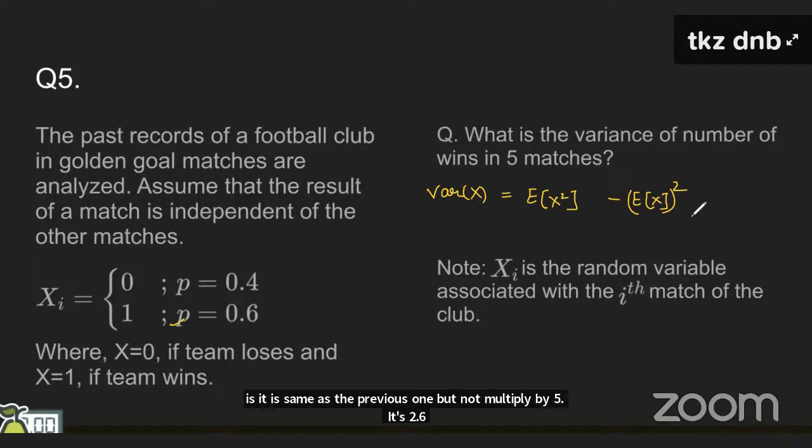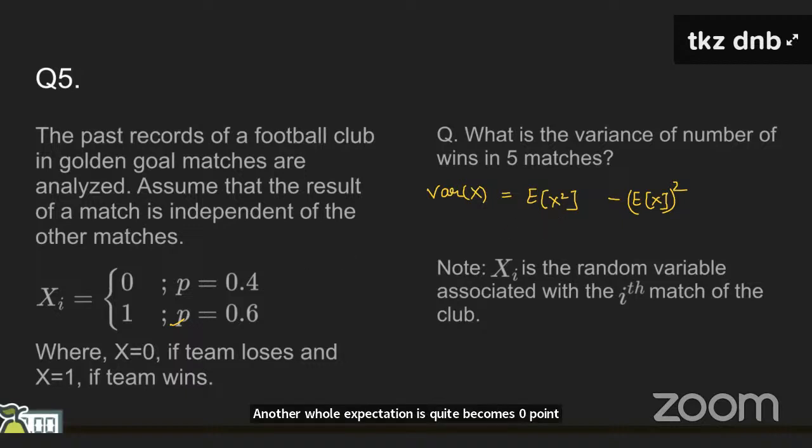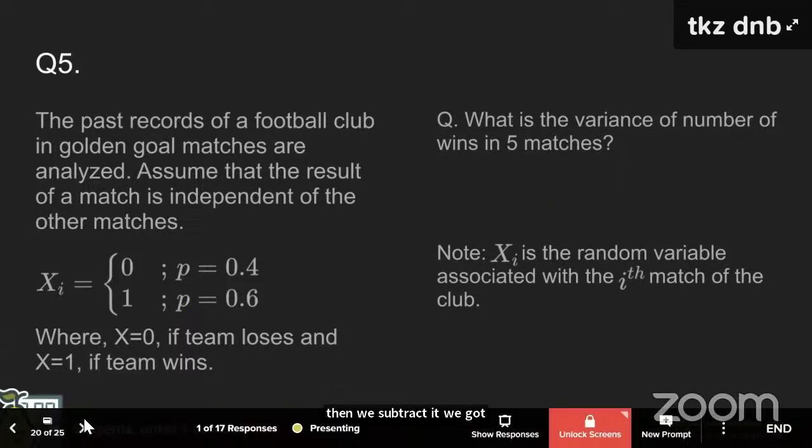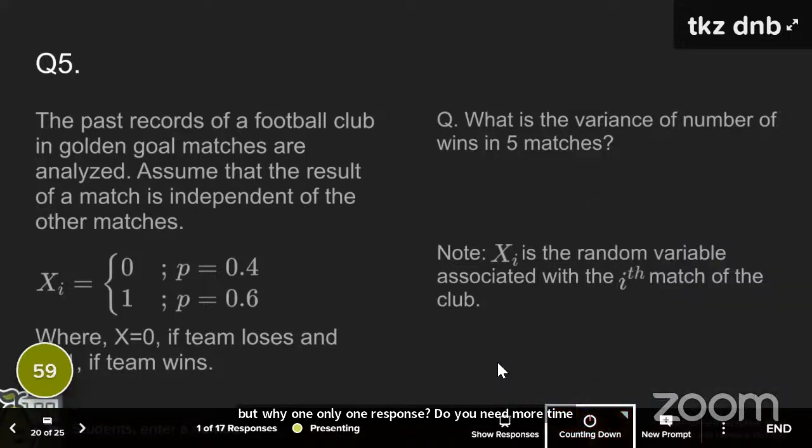Then the expectation whole square becomes 0.36. Subtracting, we get 0.24. But only one person has responded. Do you need more time? I'm extending the time if you are not able to answer in time.